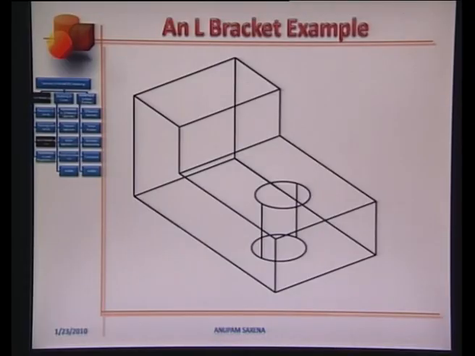Let's take an L bracket example with a cylindrical hole. Can we identify different half spaces? Let's see. The top face here is identified as H1.